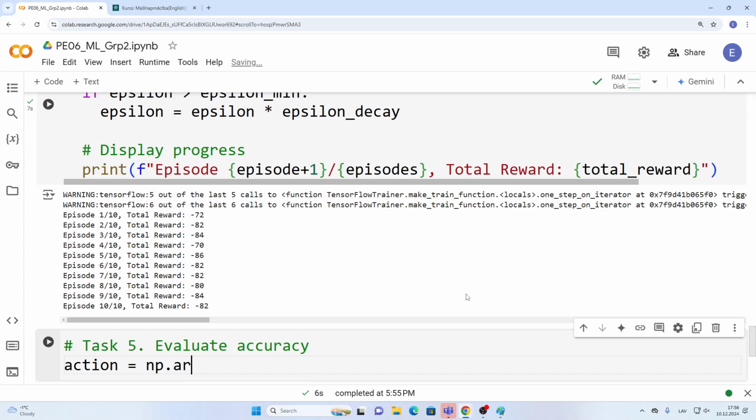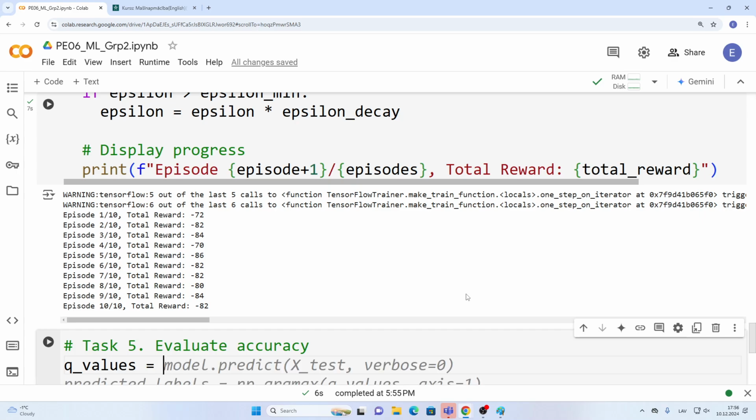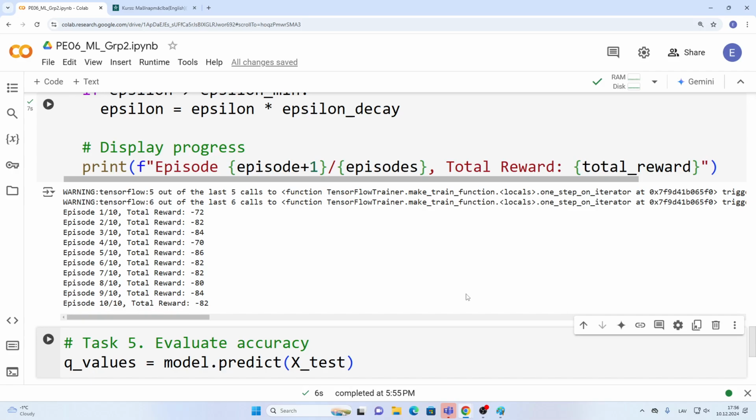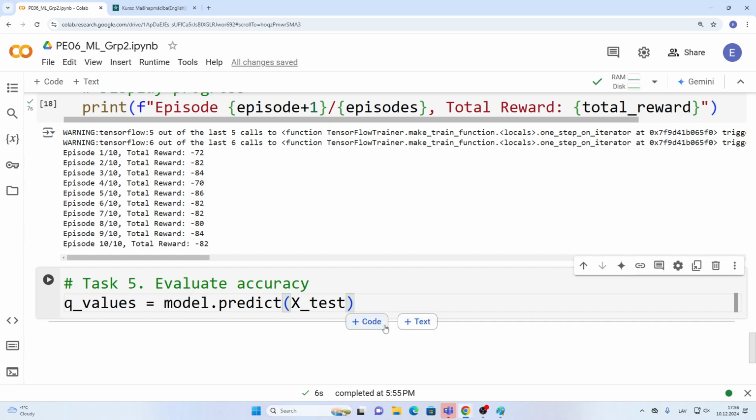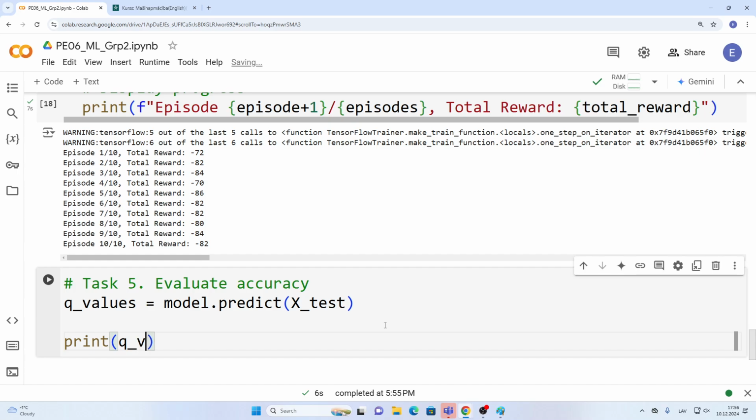NumPy argmax. Well, okay, let's say Q values like so. Not NumPy argmax, just model predict X test for the testing data set. So let's print out Q values, what we have there.